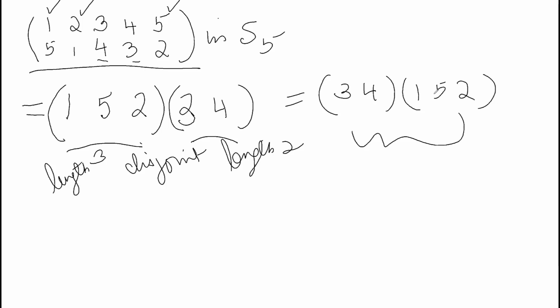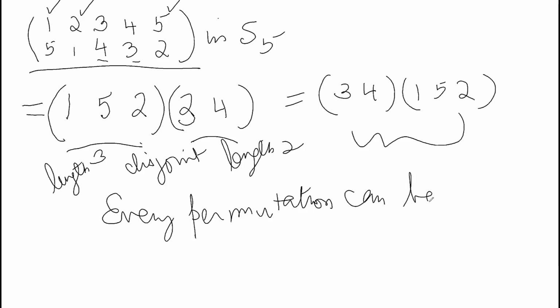So the book has proven many theorems for us, and I'm going to list them all, that we will be using. What we just got is this: every permutation can be written as a product of disjoint cycles.